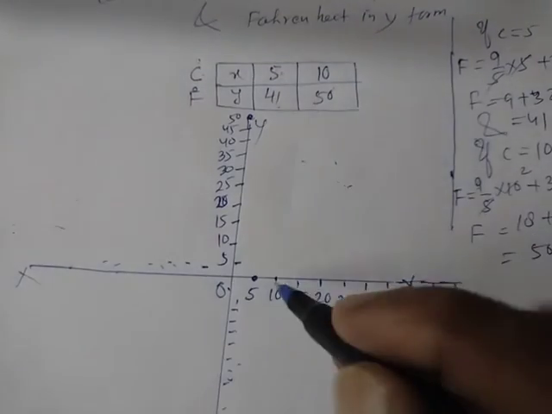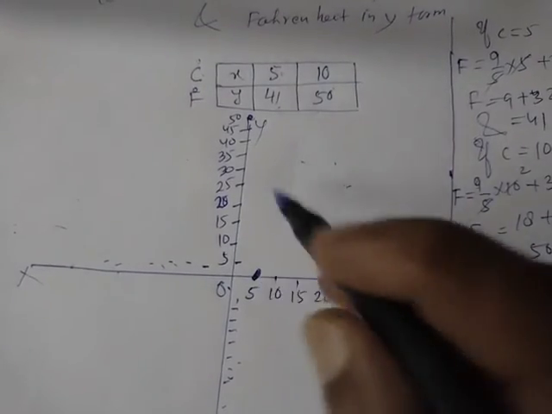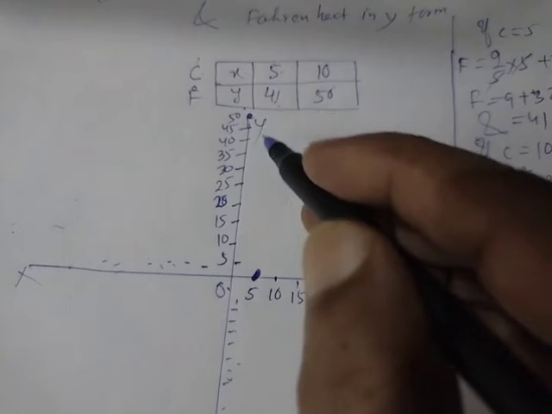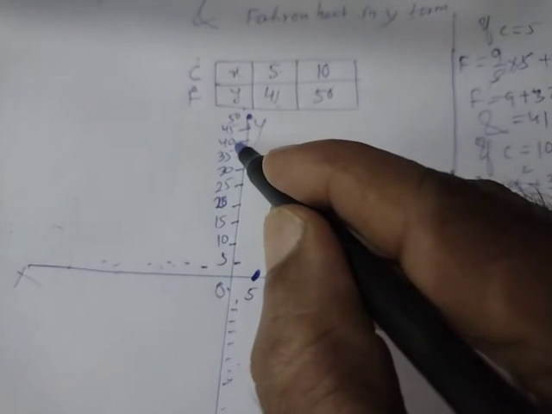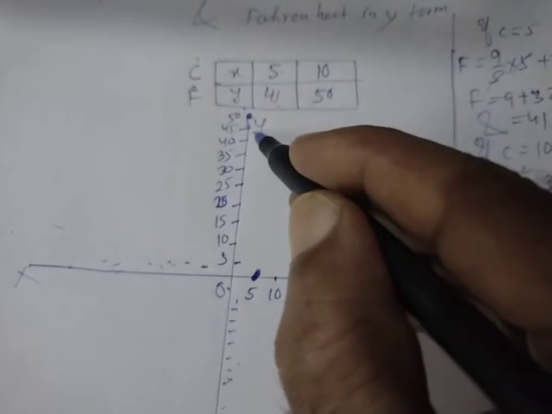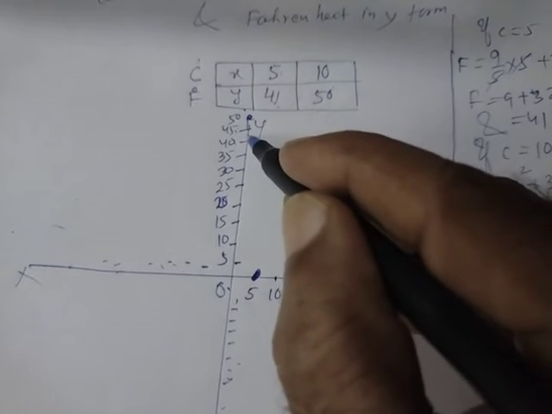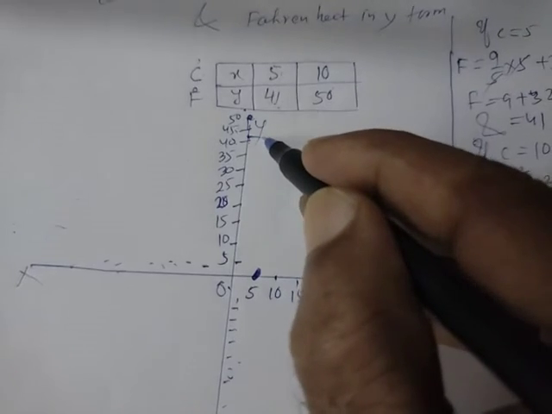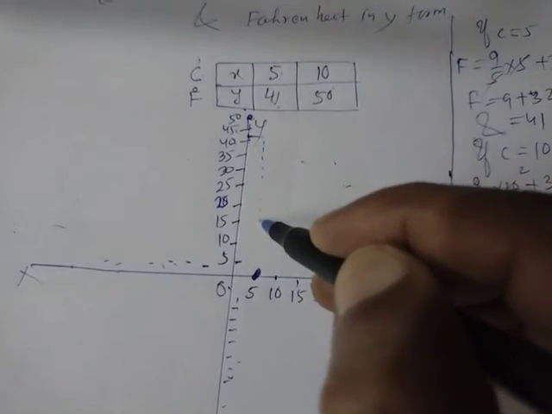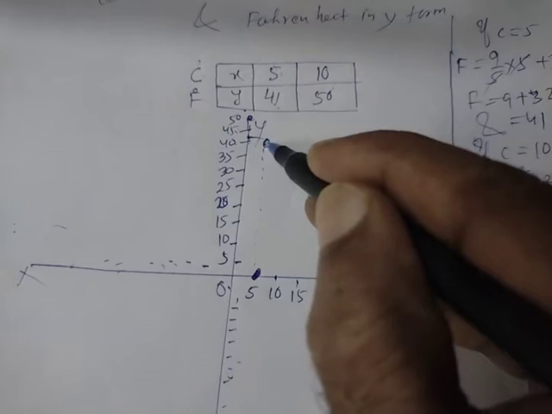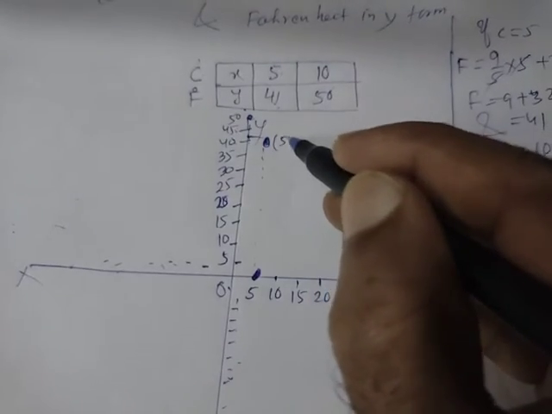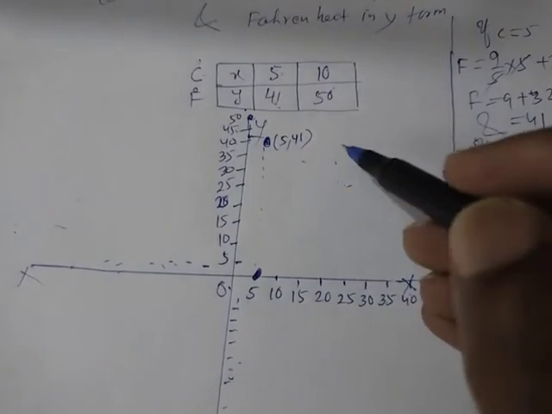So for x as 5 and y as 41, 41 will be between 40 and 45. The gap between 40 and 45 is divided into 5 parts, so one part will be here. That is 5 and 41.